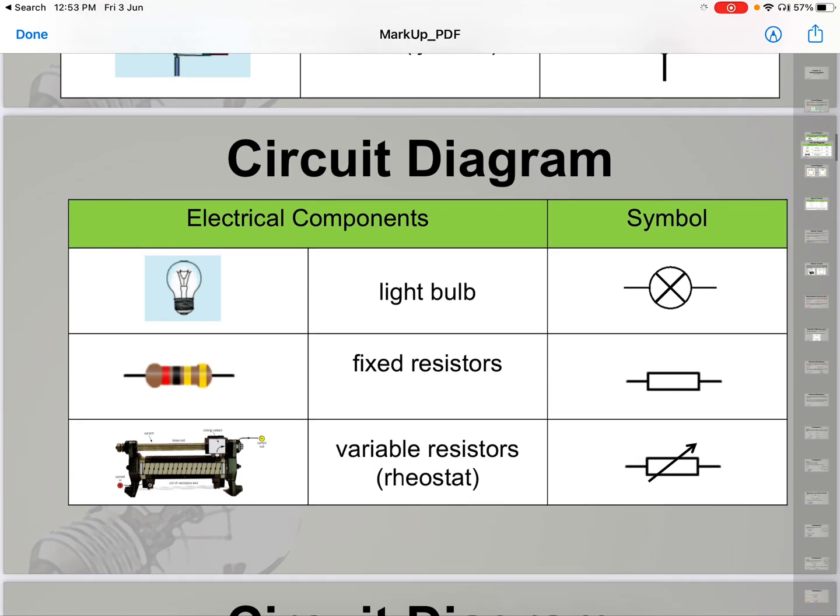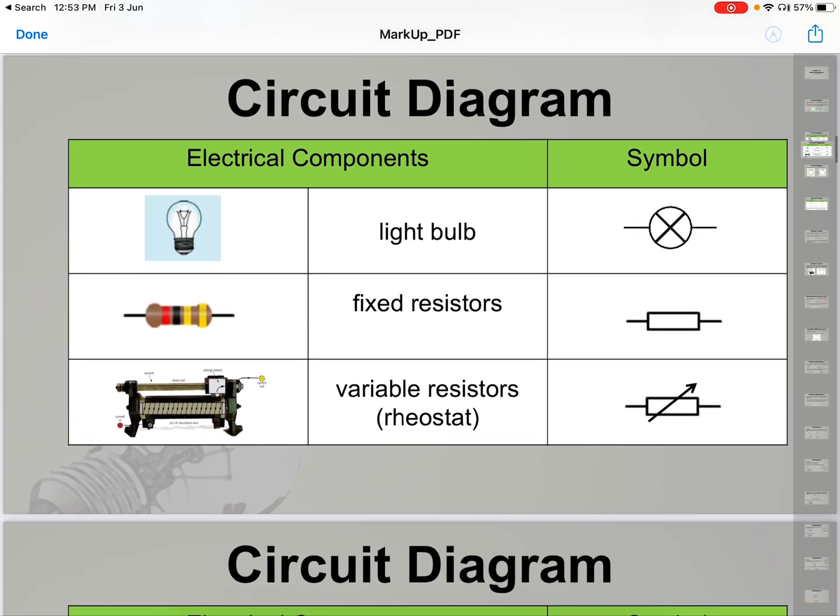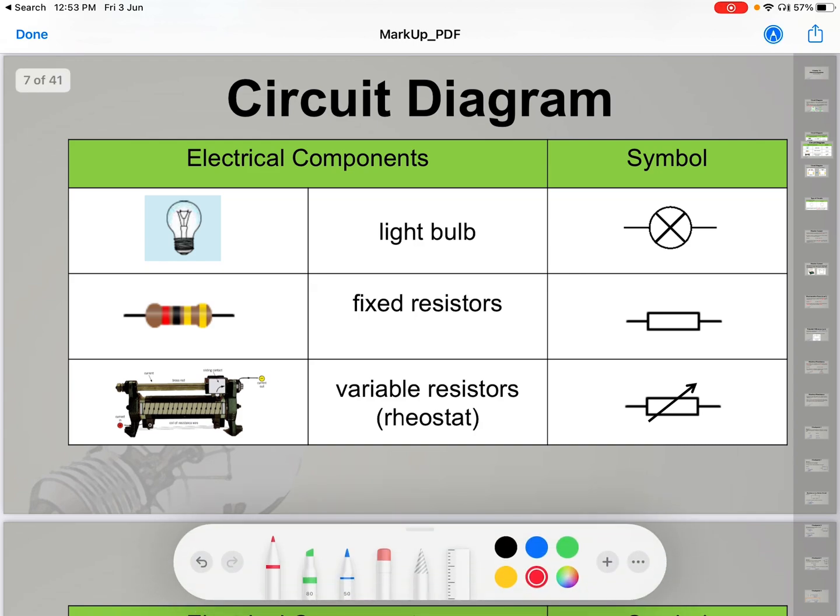Okay, now a fixed resistor. Later we'll be going through what is the function of a resistor. Okay, they come in two types, one is variable and one is fixed. Fixed means that the resistance that they pose is set and we cannot change.